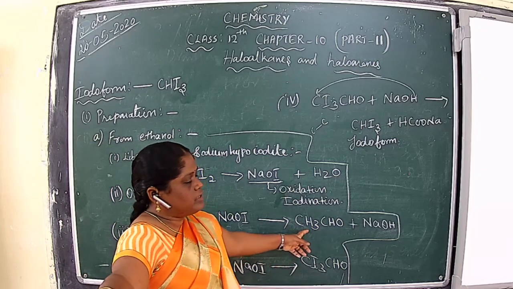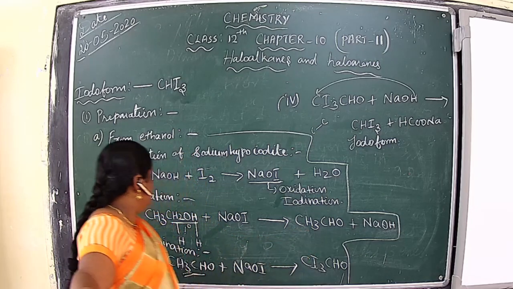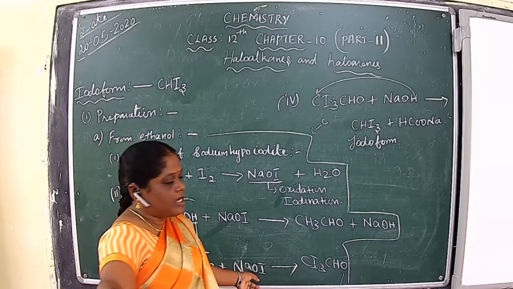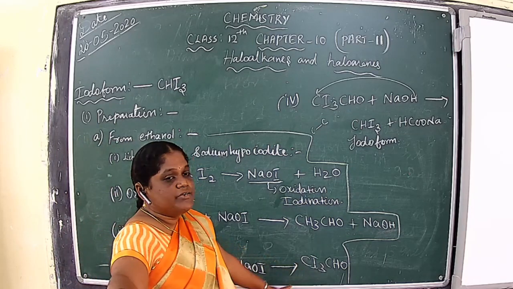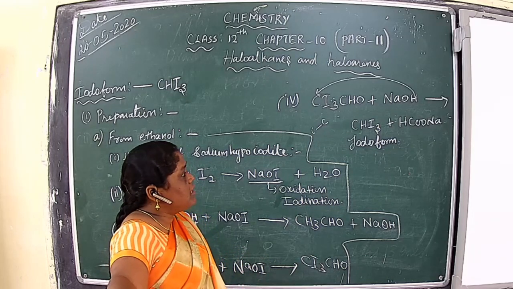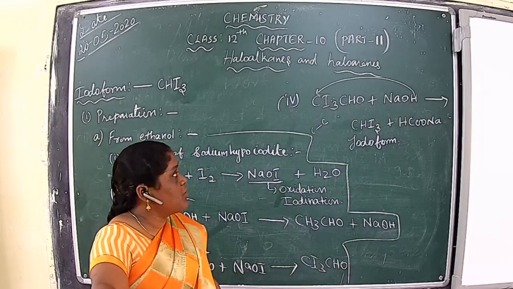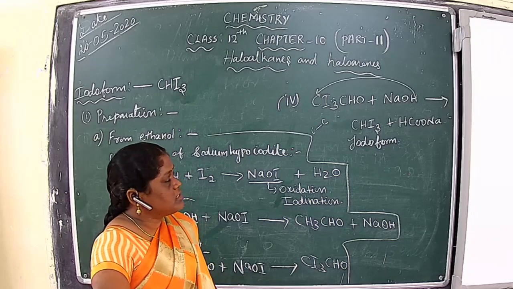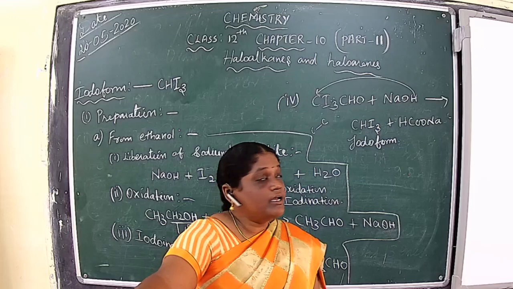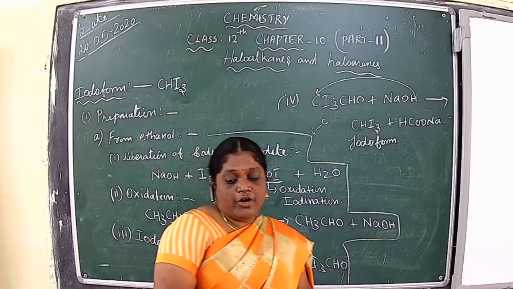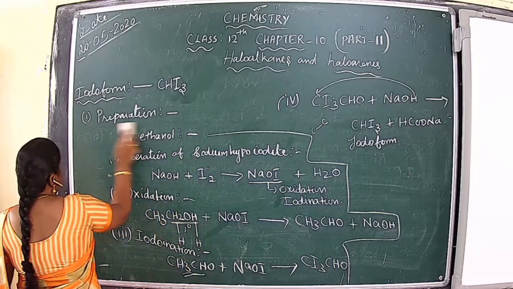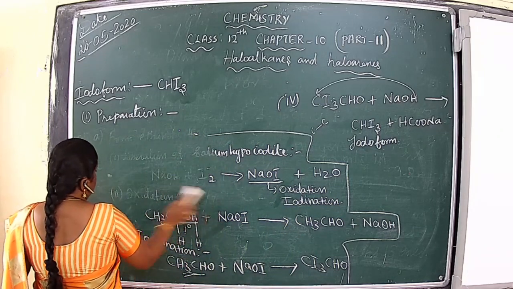With that acetaldehyde we do the iodoform reaction, then we get triiodoacetaldehyde. Last step, hydrolysis of triiodoacetaldehyde with NaOH, and we get iodoform CHI3. Understood?